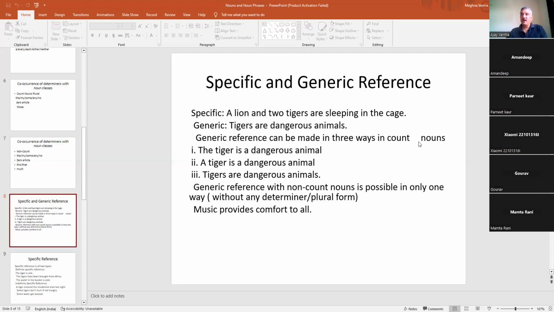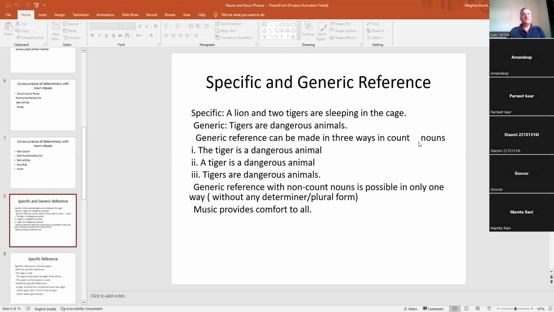Do we use a when we are referring to the whole class? Do we use the, or do we use plural? The answer is that all three are right. A generic reference can be made in three ways in count nouns. So: a tiger is a dangerous animal. The tiger is a dangerous animal. Tigers are dangerous animals. They all can be used to make generic reference.